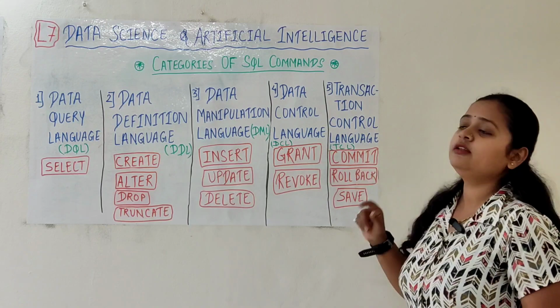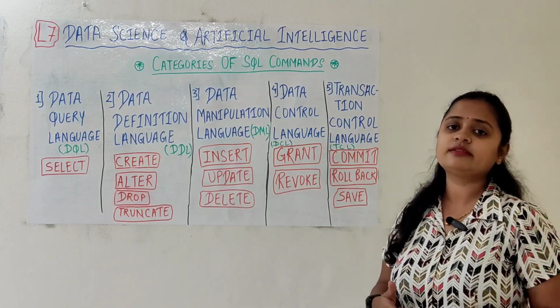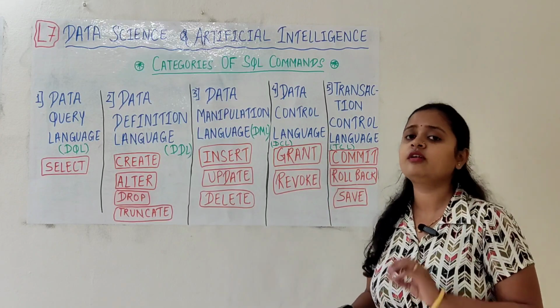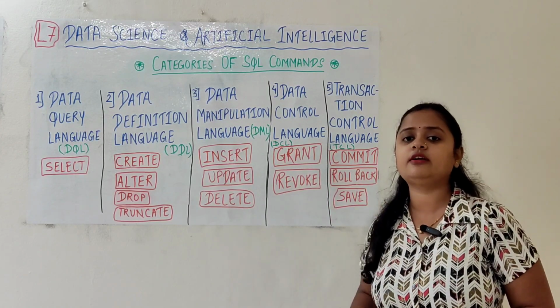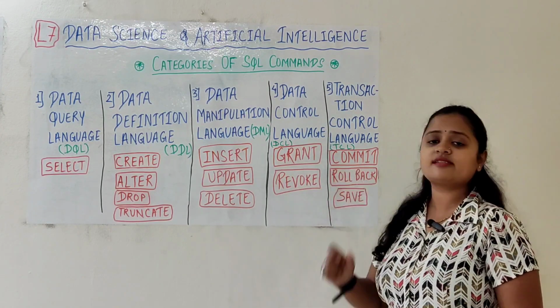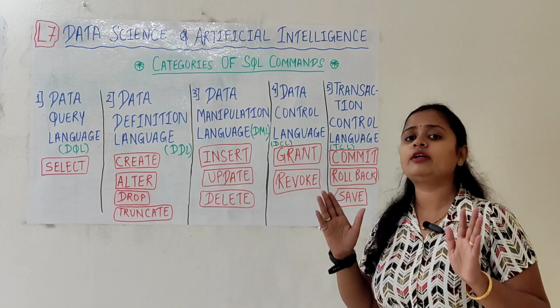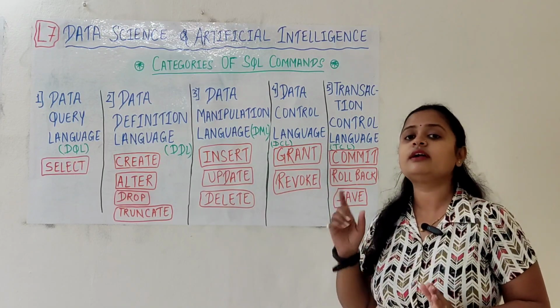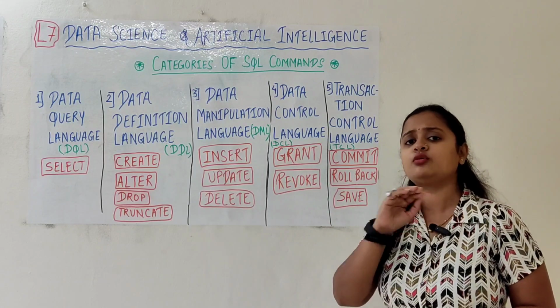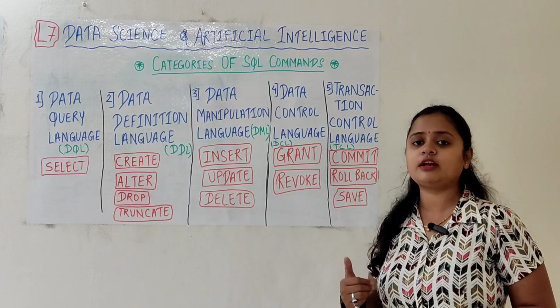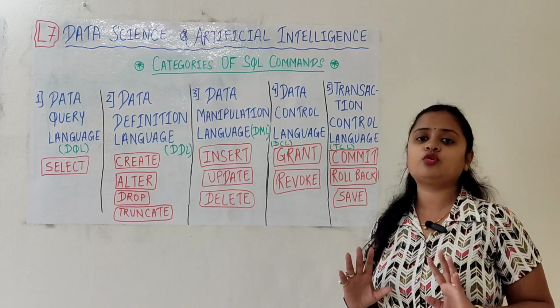Then commit. Commit itself tells you the meaning. If we take the same example, inserting 100 rows, updating 100 rows and deleting 100 rows, and then we use the command commit. When you use commit, you are very sure that these 100 rows are useless for my data. They are just taking up the storage space of my database, and I don't want these 100 rows permanently.